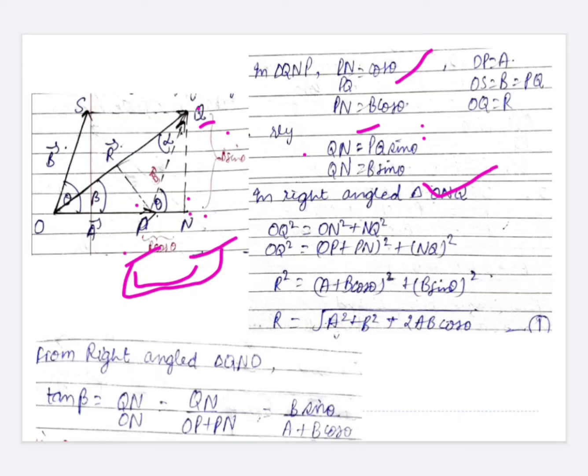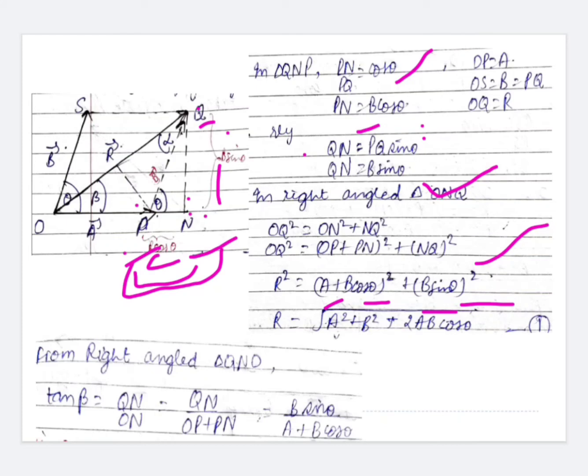We know the value of Pn, we also know the value of Qn, so we can put these values in this equation. OP we already know is vector A. Pn we have found is B cos theta. Qn we have found is B sin theta. And after solving this equation, what do we get?